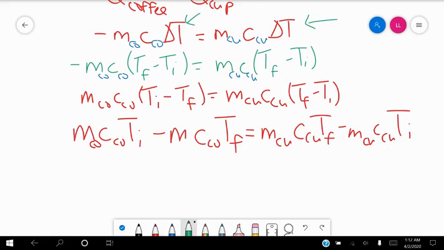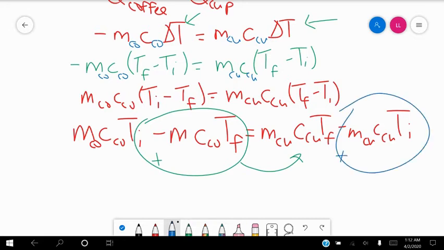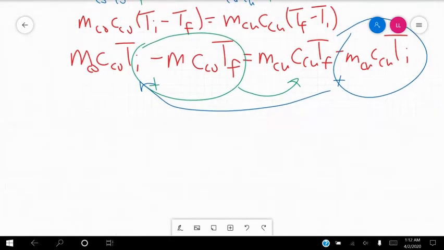Now I'm going to add this over to here, and add this over to here, to get my TIs and my TFs on the same side. The TIs are different, but the TF will be the same. That's when thermal equilibrium happens.